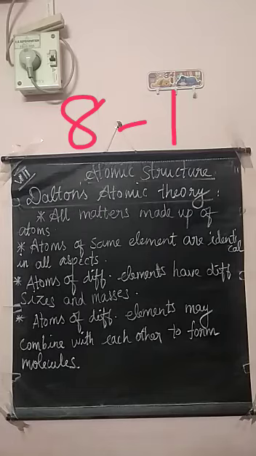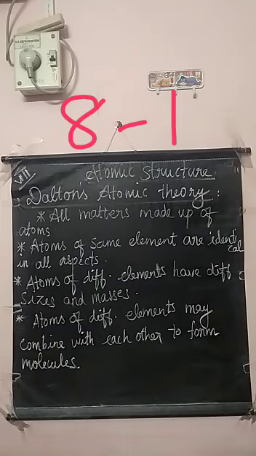Then atoms of different elements may combine with each other to form molecules. For example, hydrogen and oxygen are elements. Atoms of hydrogen and atoms of oxygen may combine in a particular fixed proportion and undergo a chemical reaction.